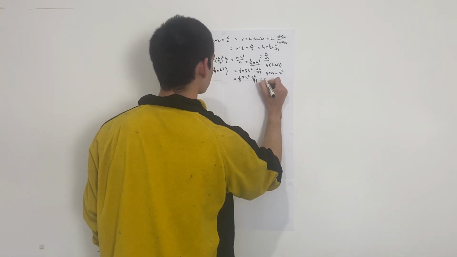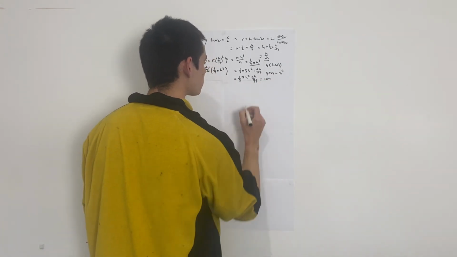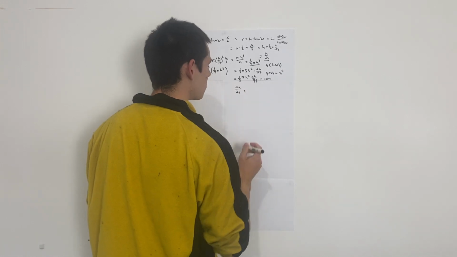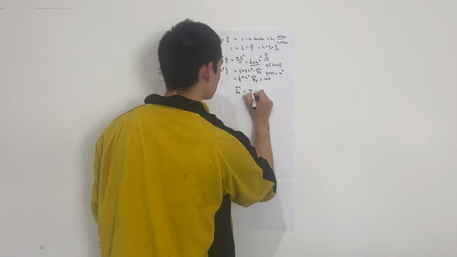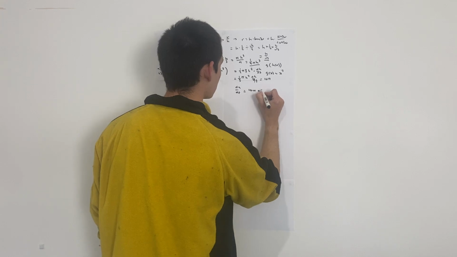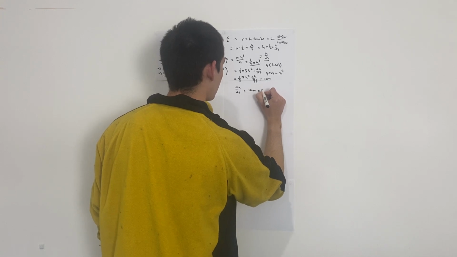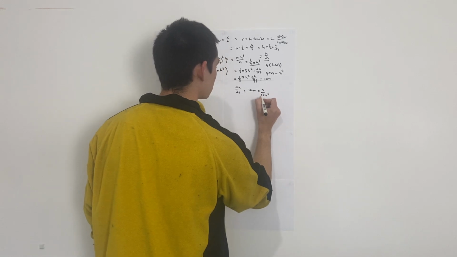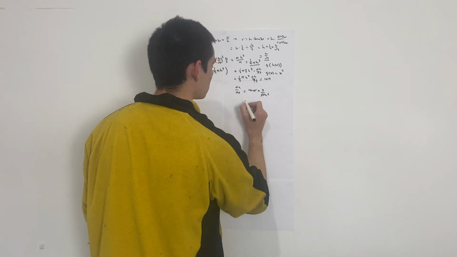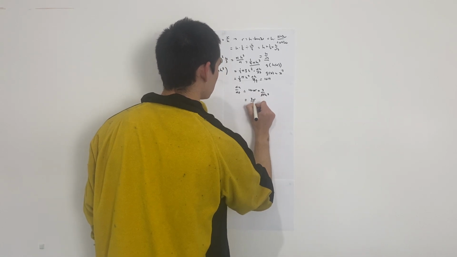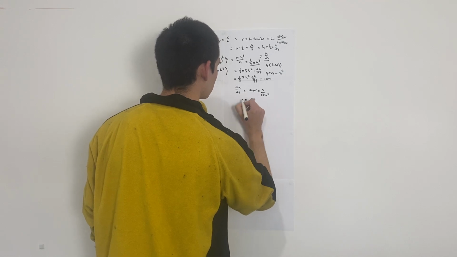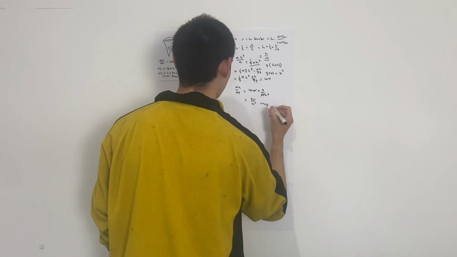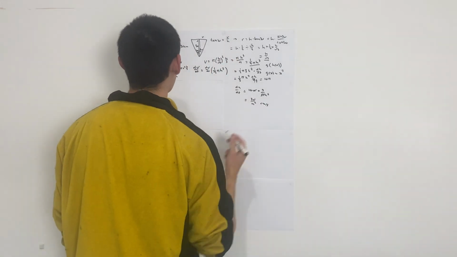And that's equal to 10 pi. So dh on dt equals 10 pi times 3 on pi h squared, which is 30 on h squared centimeters per second, because h is in centimeters.